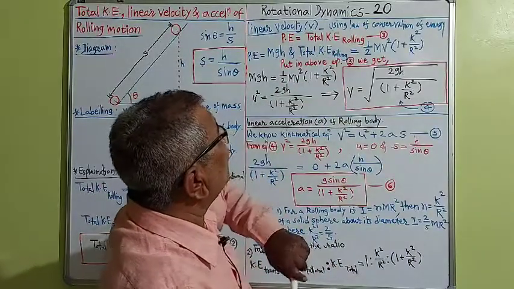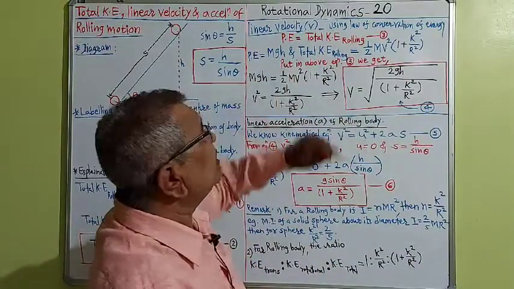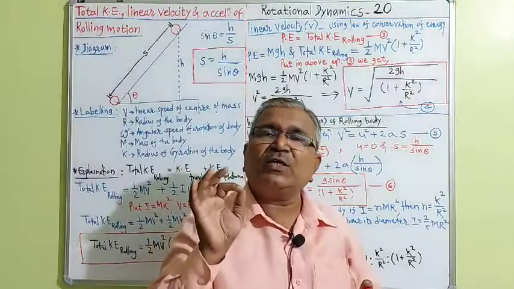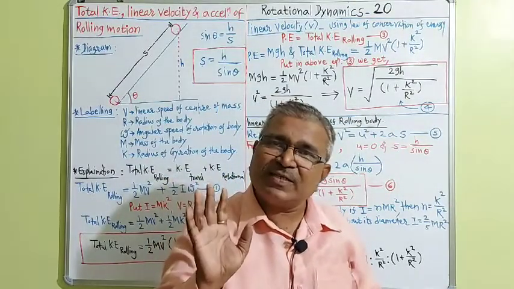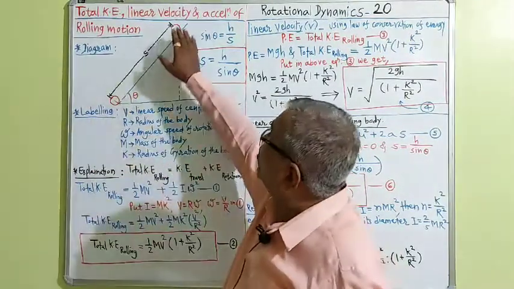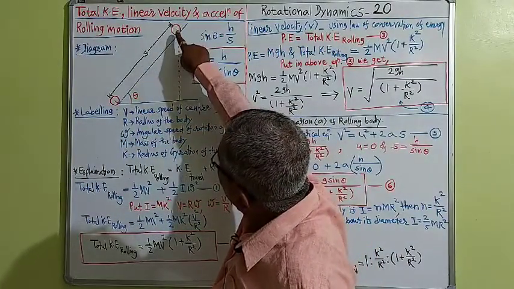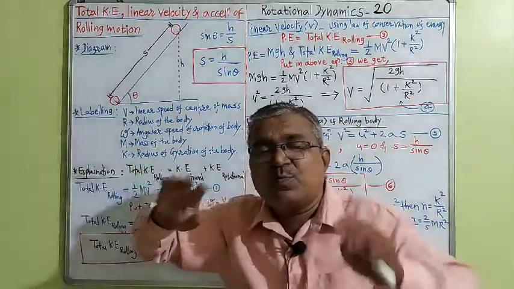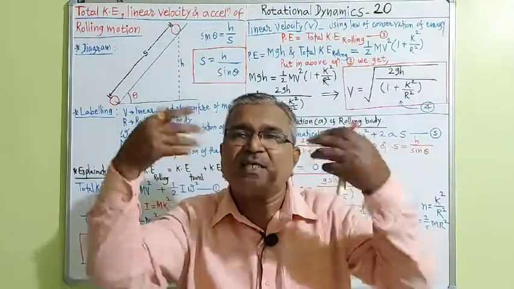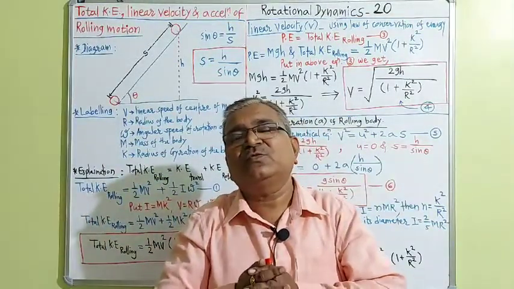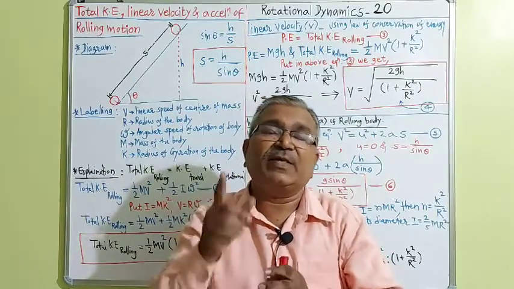Using law of conservation of energy, potential energy is equal to total kinetic energy of rolling body. As long as the body starts moving, body starts rolling from top to bottom, potential energy starts converting into rolling kinetic energy. I will repeat again.